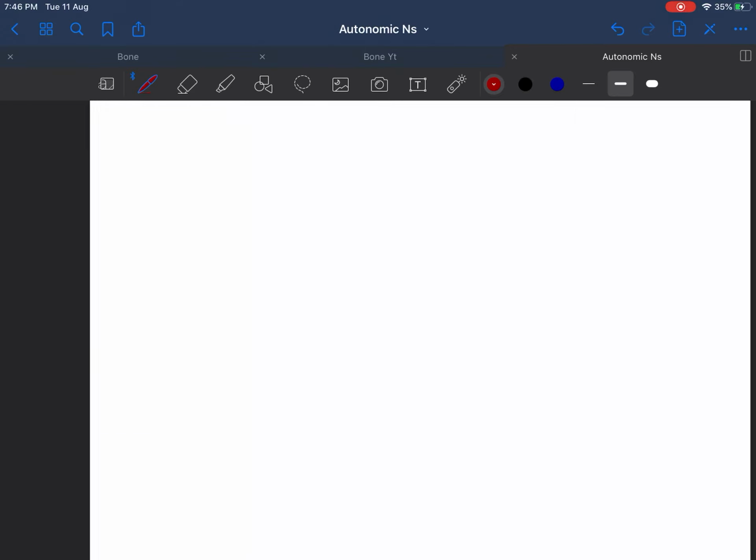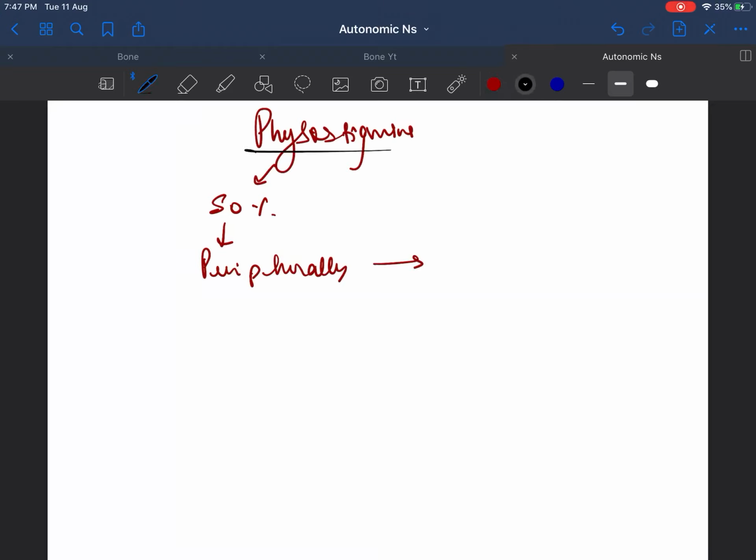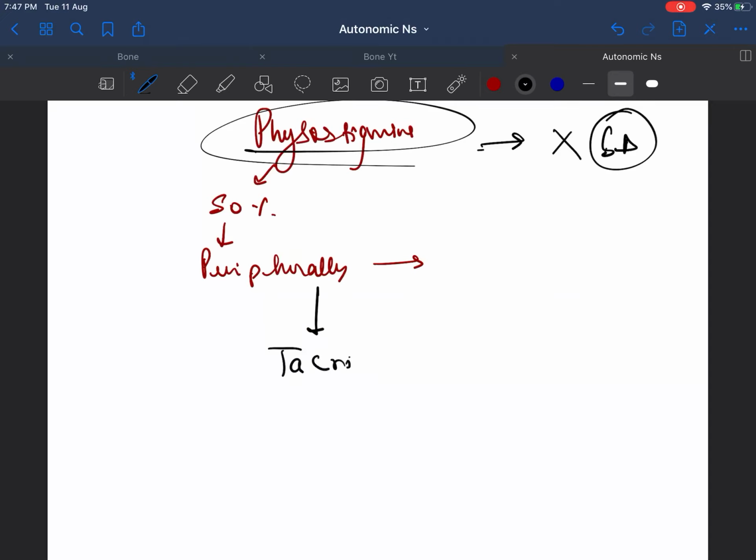So scientists thought of giving physostigmine. But the problem with physostigmine is that 50% of it will also act peripherally, and it will lead to a lot of side effects. So physostigmine is not given in senile dementia or Alzheimer's dementia. So they developed a new drug, tacrine.